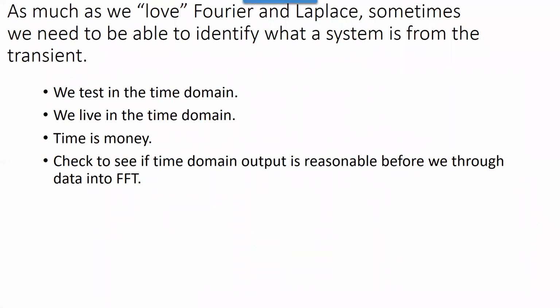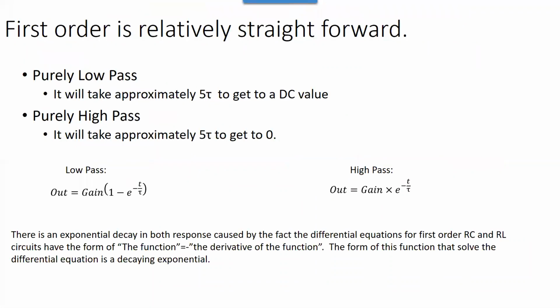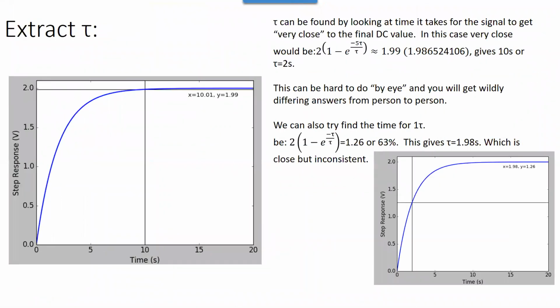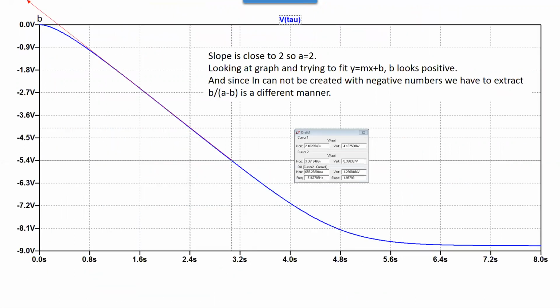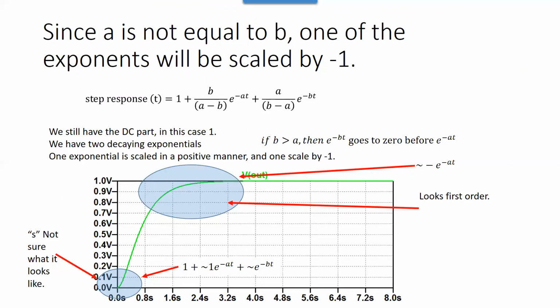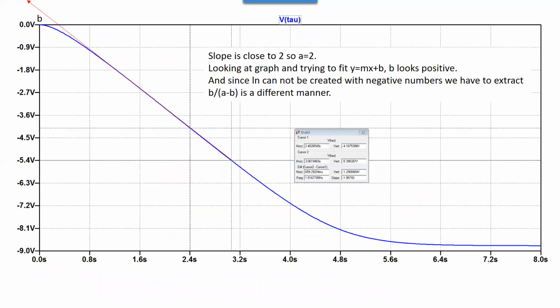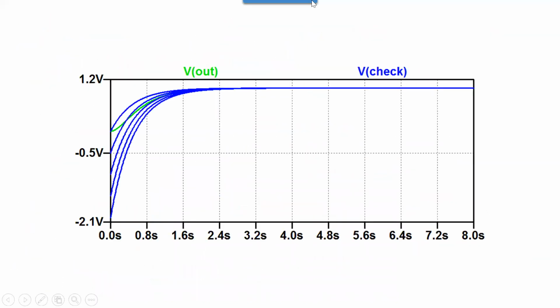And this is really a summary of what I just said, is that you can do a square wave and use an FFT to rapidly test your system, right? I have examples of how to extract for a first order system. But second order, here's the thing, even though I did this example, it is really, really hard to extract a second order system because you have to assume one pole, and that's all this plot is.